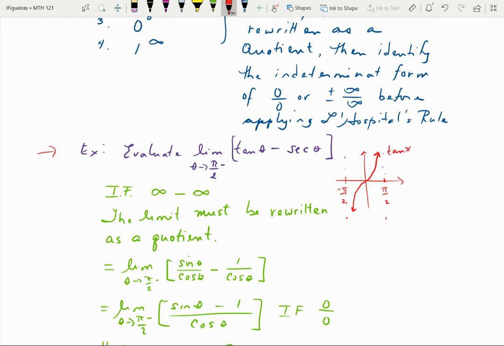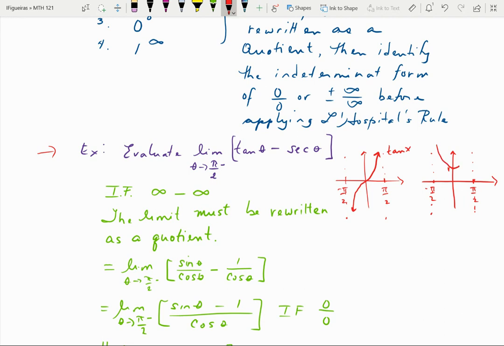Okay, now secant is the reciprocal of cosine, and cosine is also undefined at pi over 2. And at 0, it has a value of 1. So here I have my asymptotes.